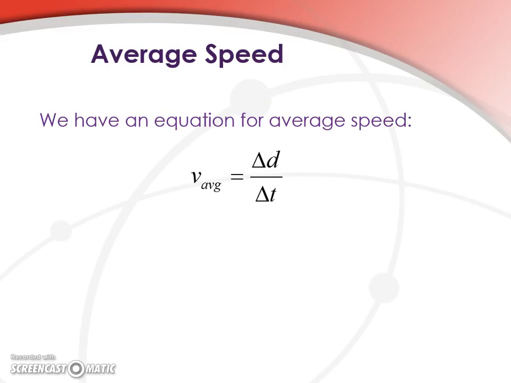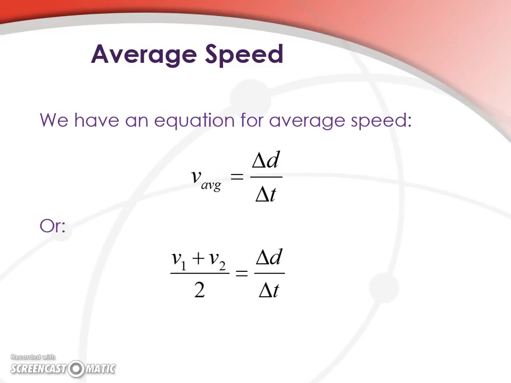We have, really, kinematics can be distilled down into what amounts to 2 equations. The first is here, average speed. So if we have a starting speed, a final speed, we take an average of that.